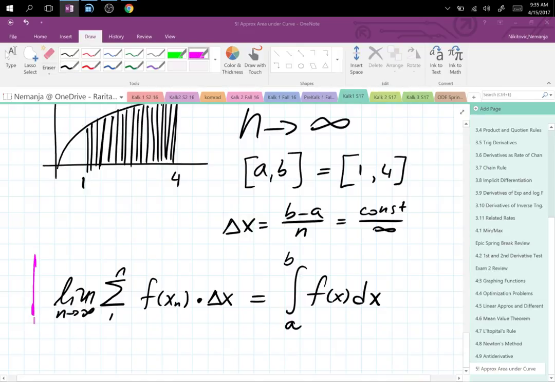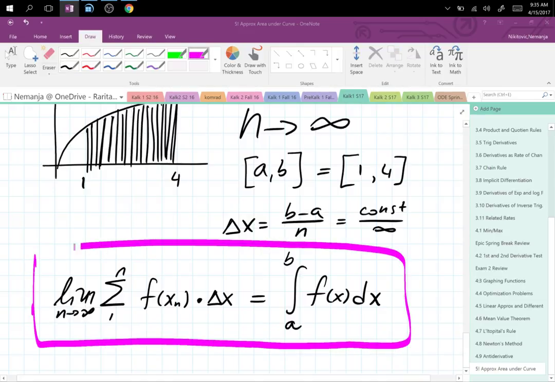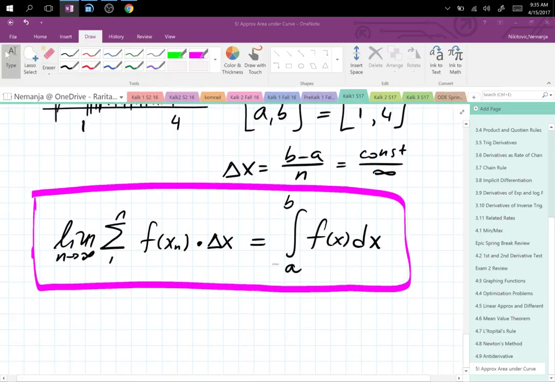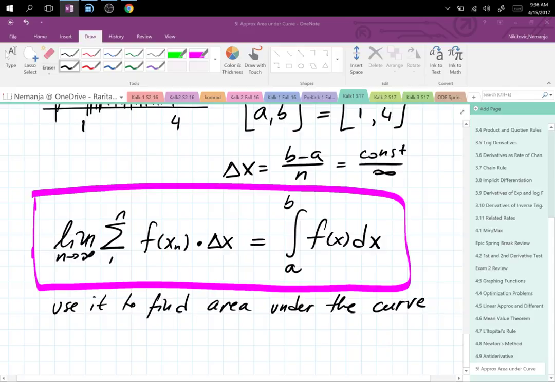So this formula is called the Riemann integral, and we can use it to find the area under the curve. As I said, when you have a rectangle, triangle, or stuff from geometry that you know how to deal with, you already know the formulas.